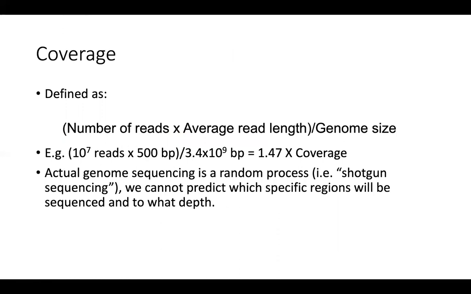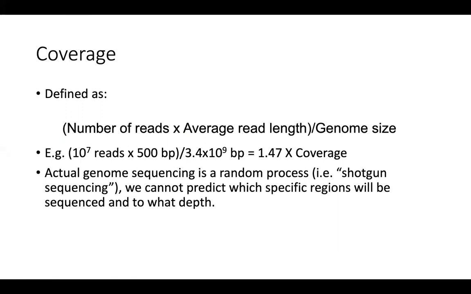So one important measure that is used to describe sequencing effort, basically meaning the amount of sequence per length of the genome, is referred to as coverage. And we define coverage as the number of reads times the average read length.